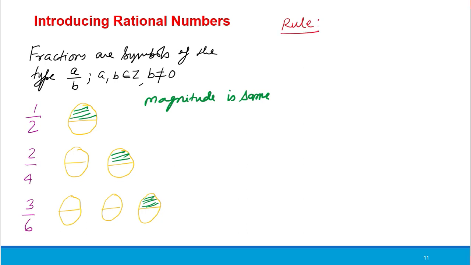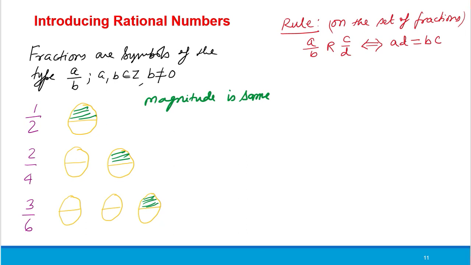Now here we impose a rule on fractions, of course on the set of fractions, and that rule is a fraction a by b is related to another fraction c upon d, of course b and d not equal to 0, if and only if ad is equal to bc.